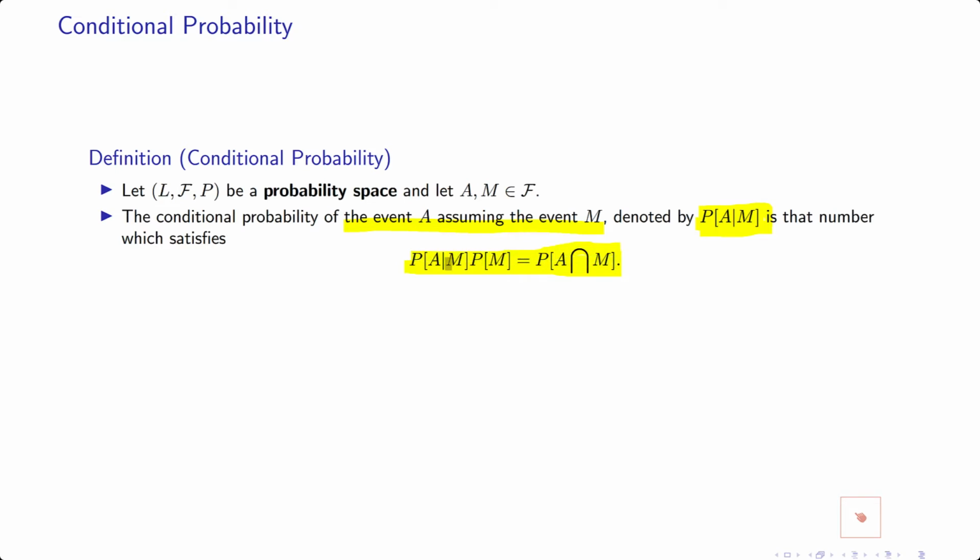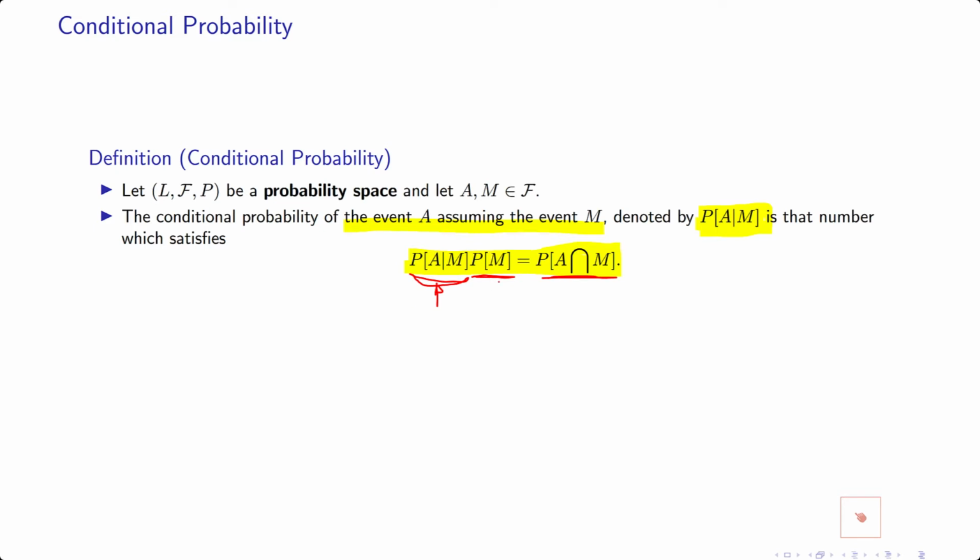So it is a real number because the first one, the probability of M, is a number between 0 and 1, so it's non-negative, and the probability of the intersection is between 0 and 1. Therefore, this should be non-negative. It cannot be negative. It cannot be bigger than 1.